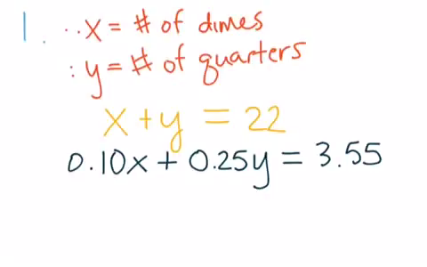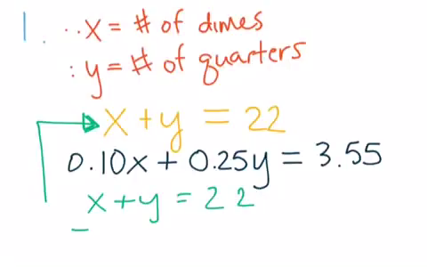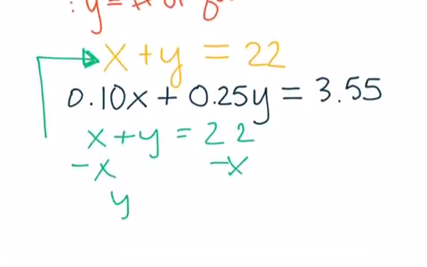At this point, we're going to decide whether we want to use substitution or elimination. I personally think that using substitution by solving this top equation for either x or y is the easiest route to go. So I'm going to solve it for y by taking away the x, so that I have y equals 22 minus x.